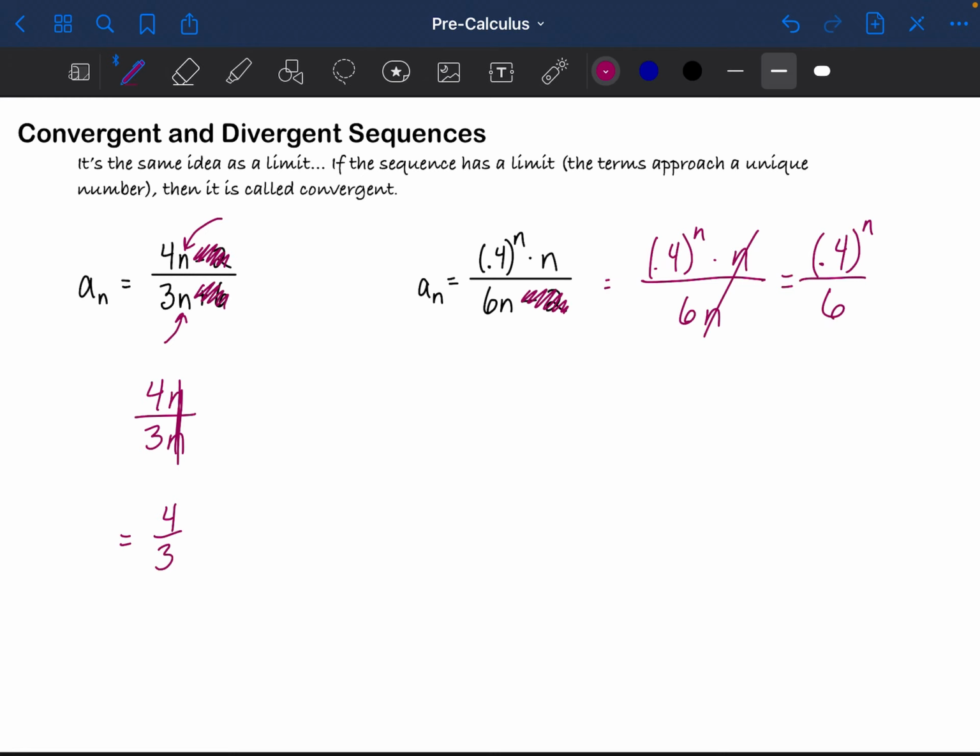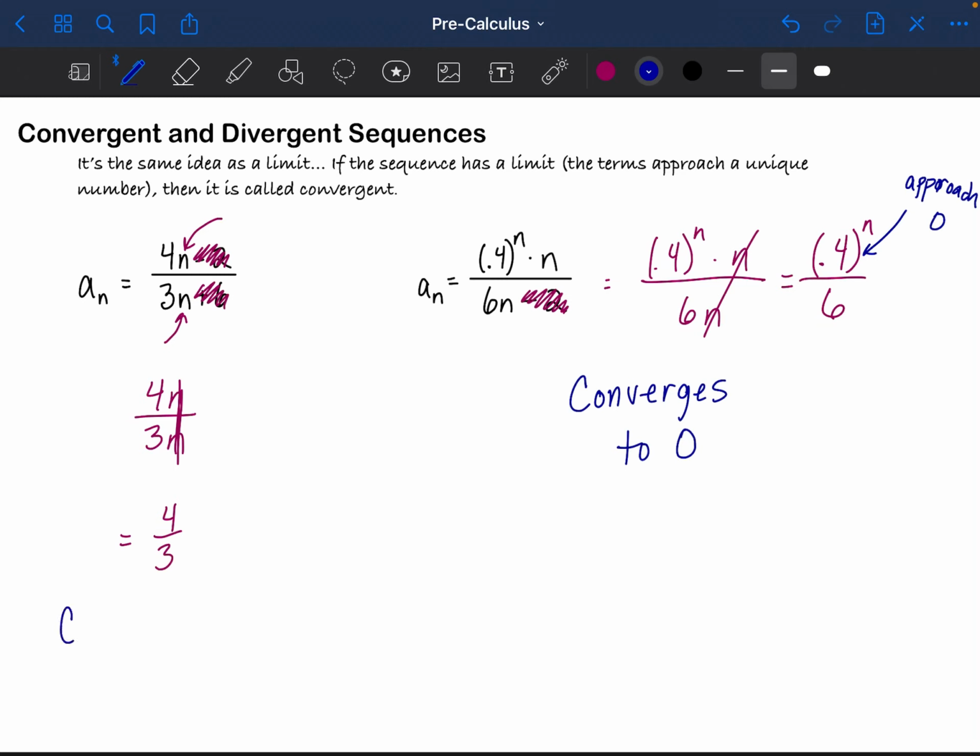So as n gets bigger and bigger and bigger, this part right here is going to approach 0. 0 divided by anything, as we know, is 0. So we would say that this sequence converges, and we would say it converges to 0.